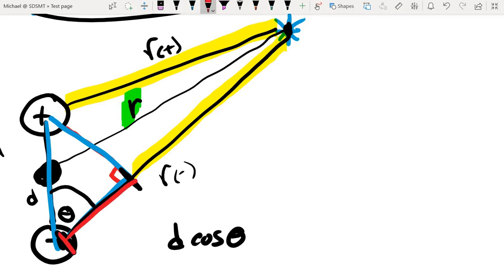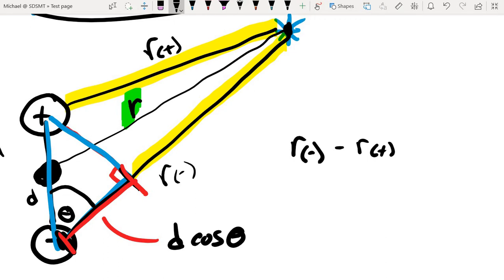So this portion right here, we said that this was the difference in the total length of R negative and the length of R positive. These two yellow highlighted areas, those are what we were assuming to be the same length.